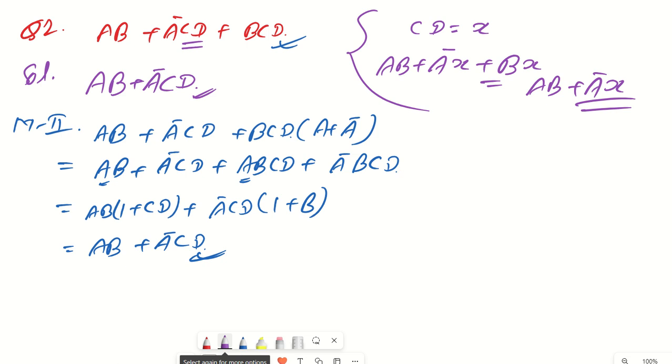Let us take another question. So the question is, this was asked in GATE question 3. We have ABC plus A bar D plus B bar D plus CD.